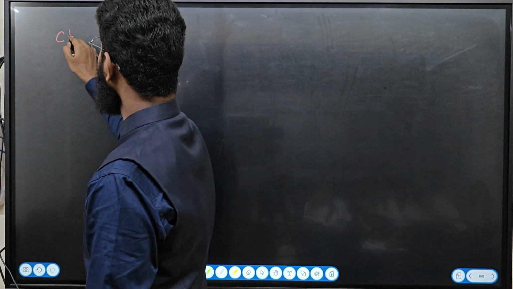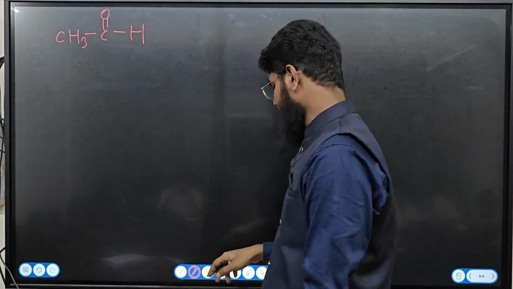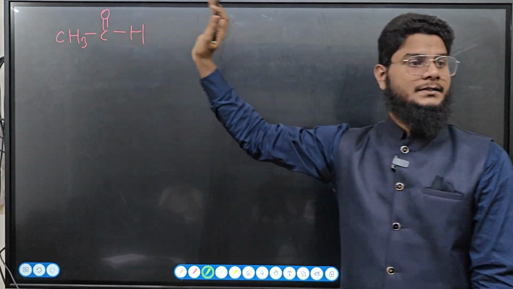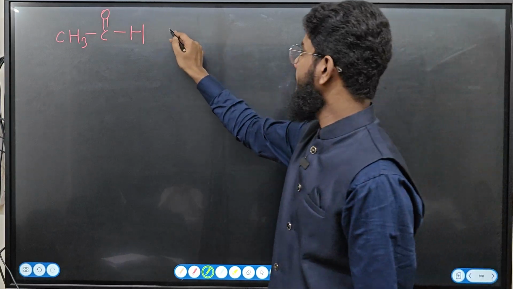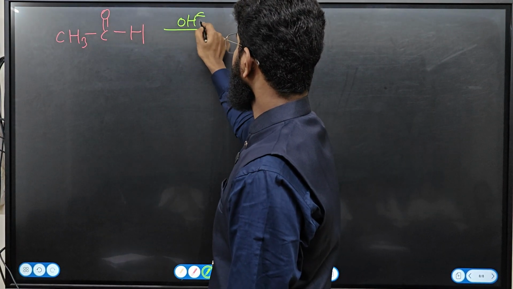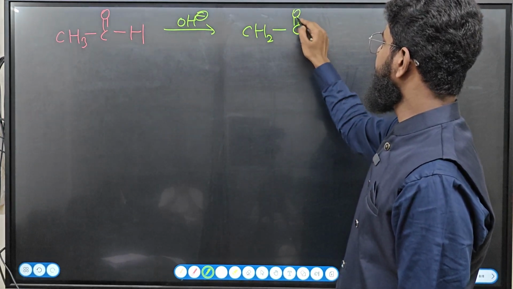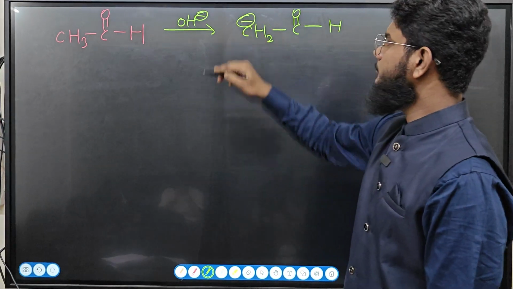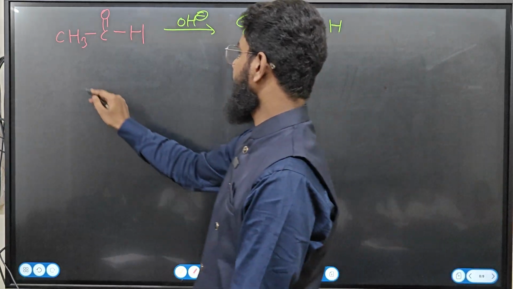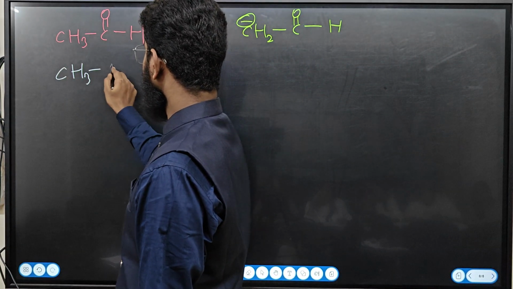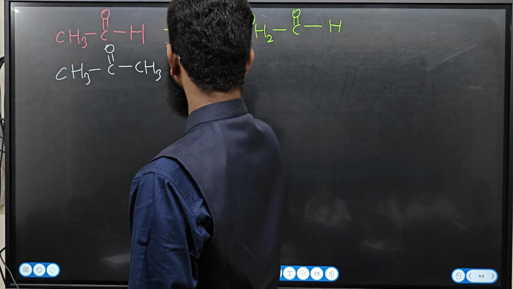You have acetaldehyde, so first consider the acetaldehyde, and this acetaldehyde is forming enolate, CH2CHO, right? Yes or no? And in another case we have taken acetone, and in this case acetone is giving you enolate.